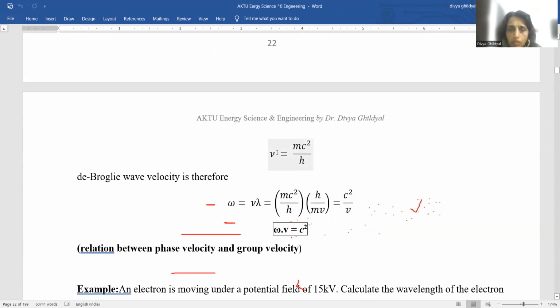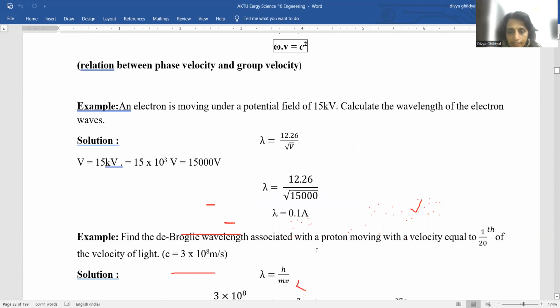This mu value I can put here in omega, and m gets cancelled, h gets cancelled. I am left with c square upon v. So omega into v is equal to c square. The relation between phase velocity and group velocity is equal to the square of the speed of light.